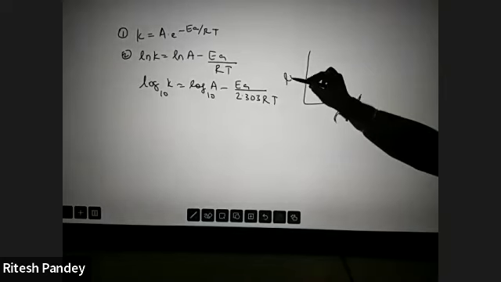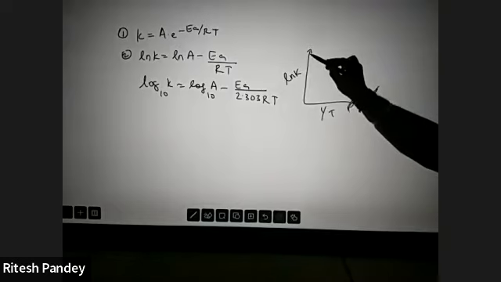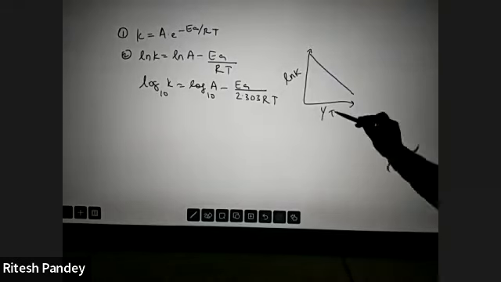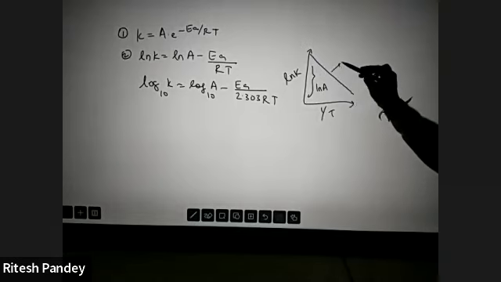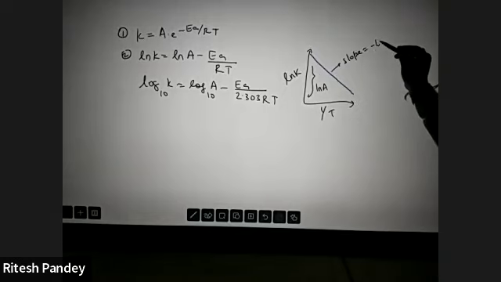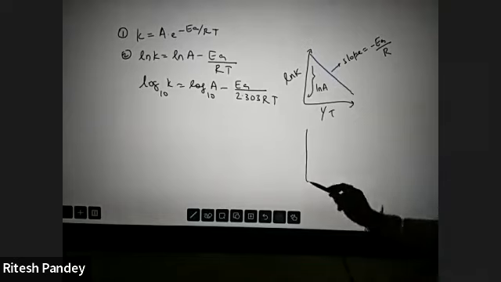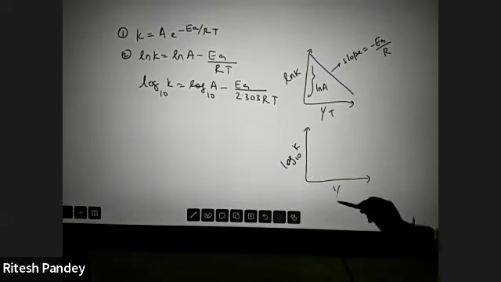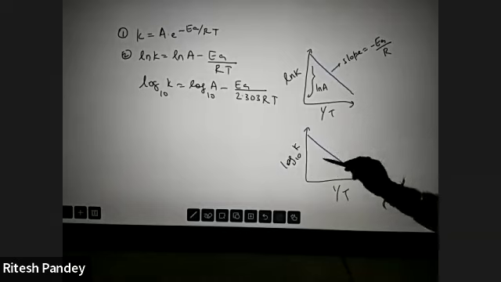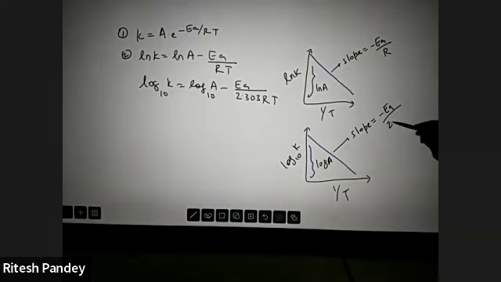When you plot log k versus 1 by T, you'll have a negative slope, and this line will have an intercept of log A. The slope would certainly be minus Ea by R in case it's the natural logarithm, and if it's the common logarithm, log to the base 10 of k, this is again going to be log A, and the slope is minus Ea by 2.303R.